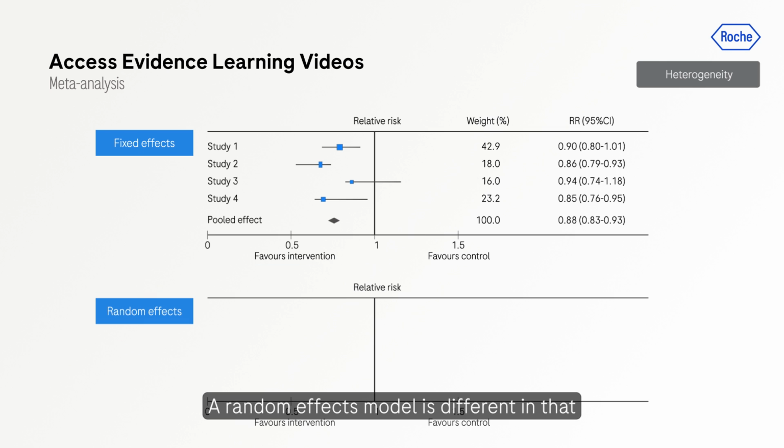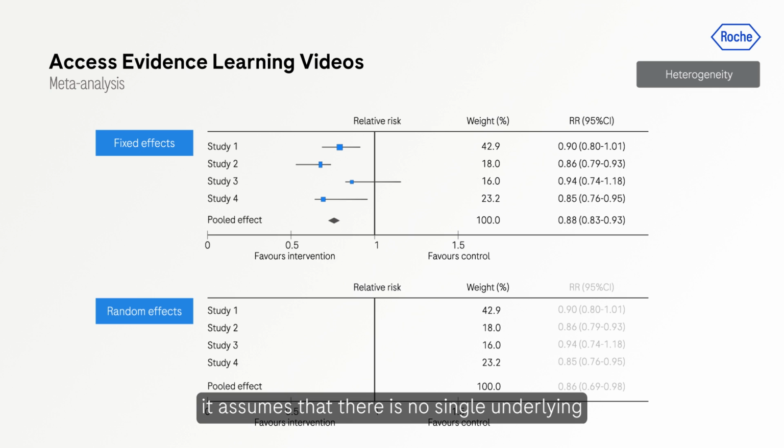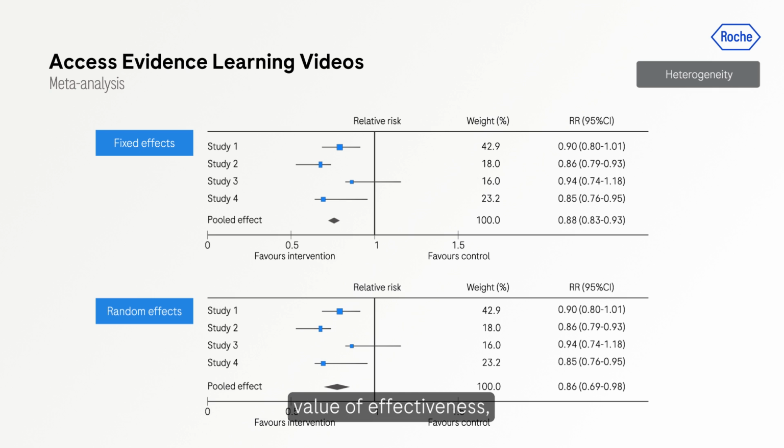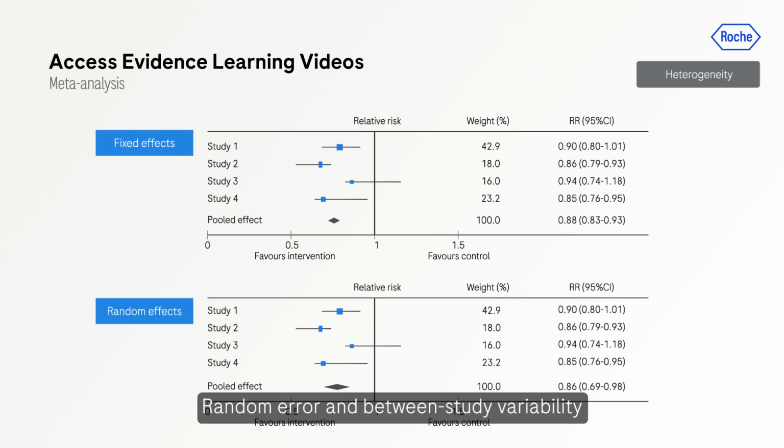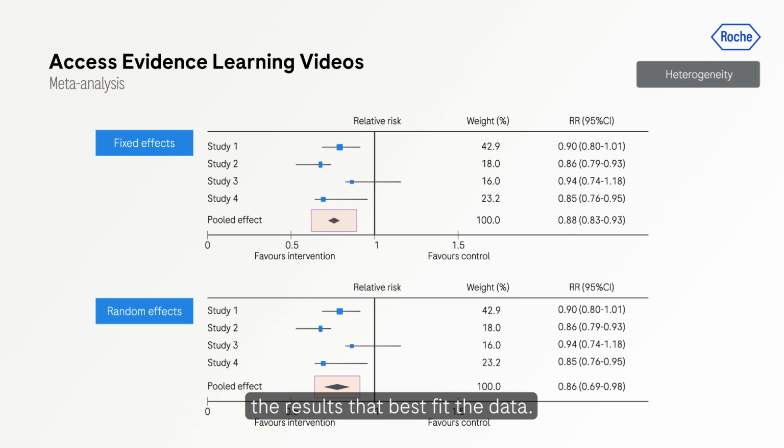A random effects model is different in that it assumes that there is no single underlying value of effectiveness, but a distribution of values depending on study characteristics. Random error and between-study variability are incorporated to calculate a more conservative estimate of results than fixed effects analysis. It is good practice to analyze data using both effects models and report the results that best fit the data.